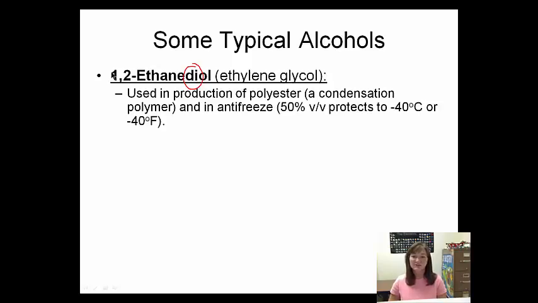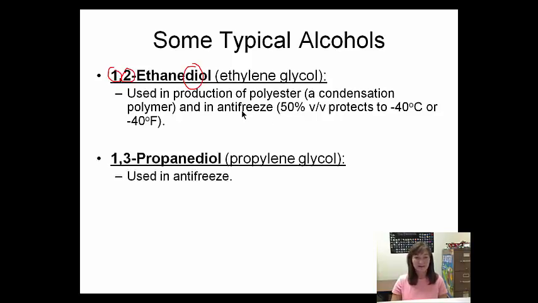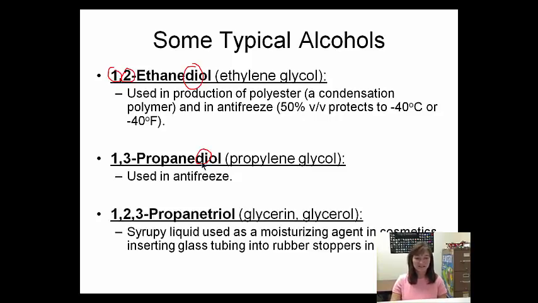And since there are 2 hydroxyl groups, we see 2 numbers letting the reader know where to find those 2 hydroxyl groups. So 1,2-ethanediol is used in the production of polyester. You also find it in antifreeze. 1,3-propanediol. Once again, this has two hydroxyl groups, also called propylene glycol, used in antifreeze.